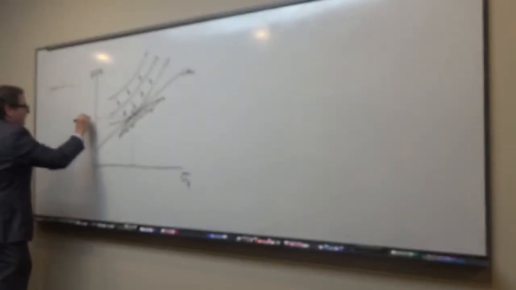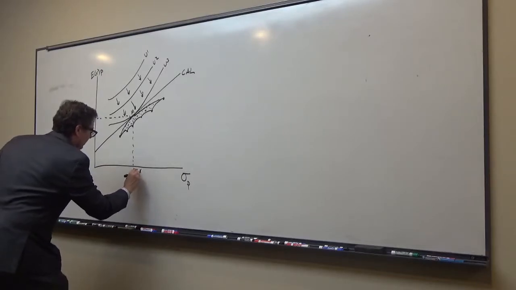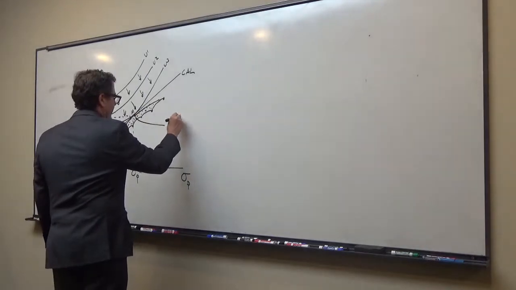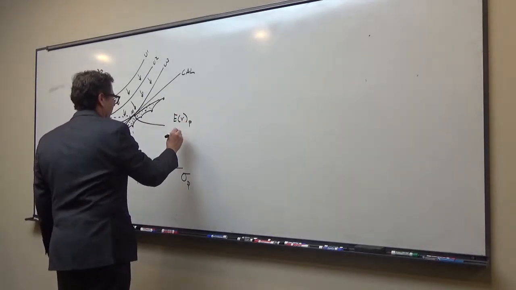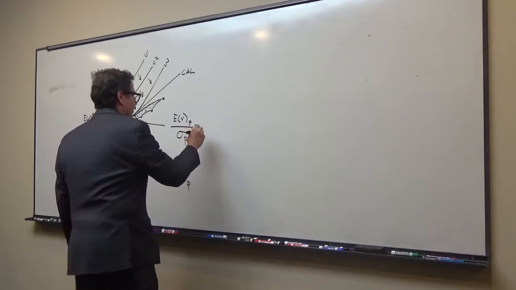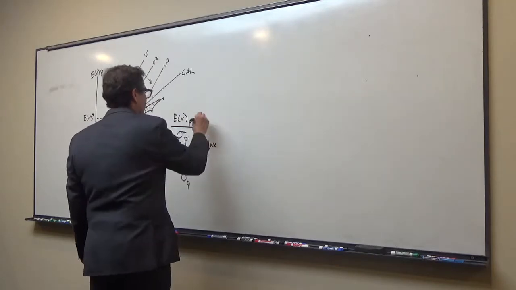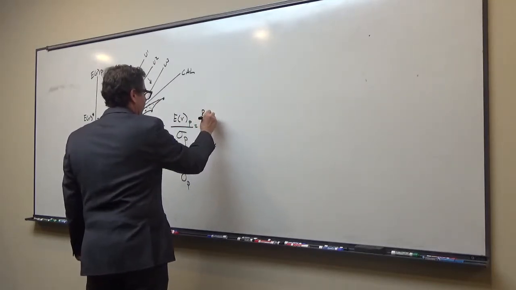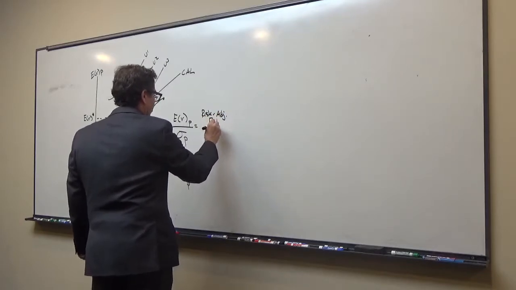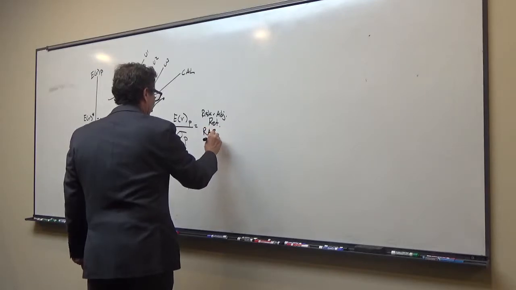This is going to be ER star. This is going to be standard deviation star. At that point, your expected return on the portfolio over the portfolio standard deviation, you are going to maximize the risk adjusted return. Risk adjusted rate of return.